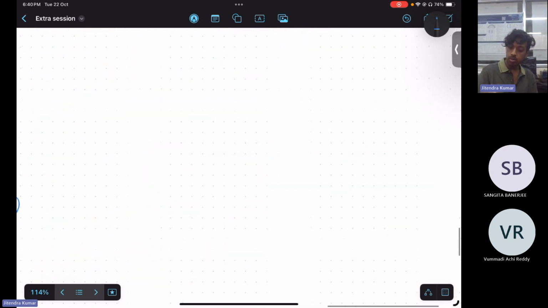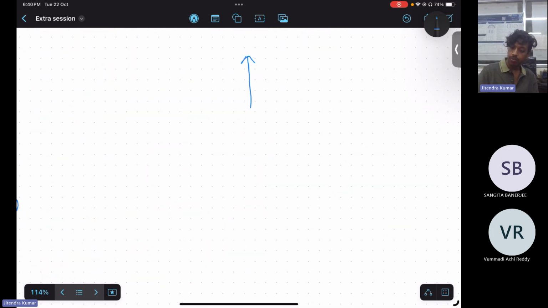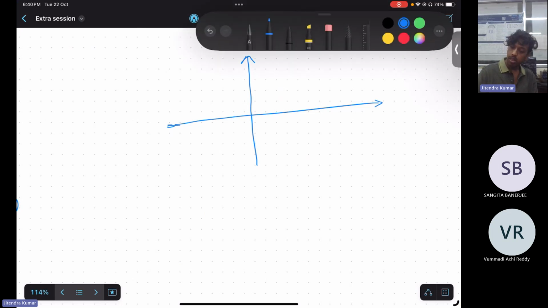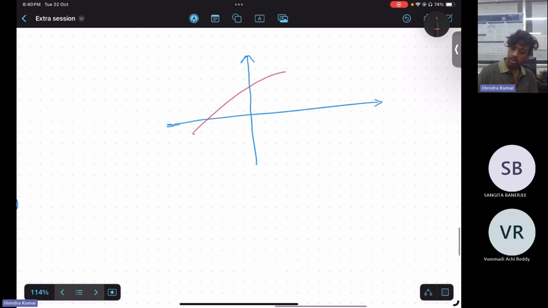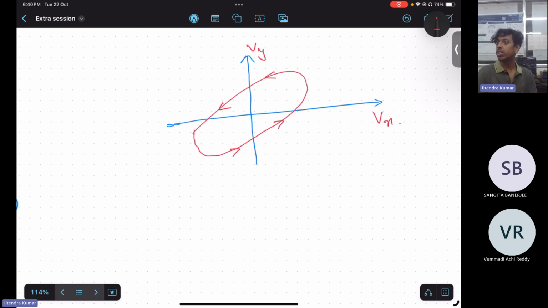I'll ask some questions from you. You'll have to let me know the phase difference range. So what will be the phase difference between these two, Vy and Vx? Can you please let me know?